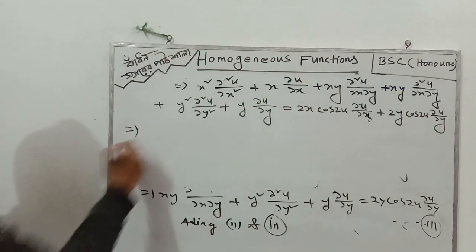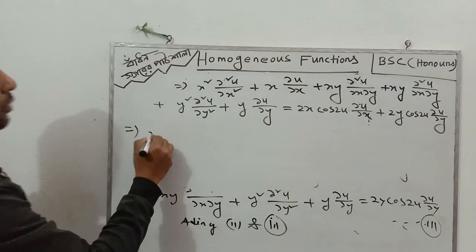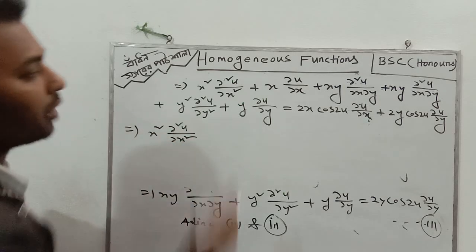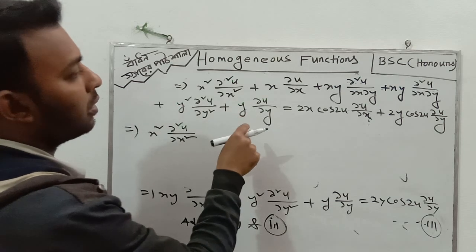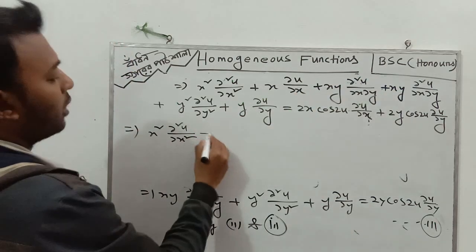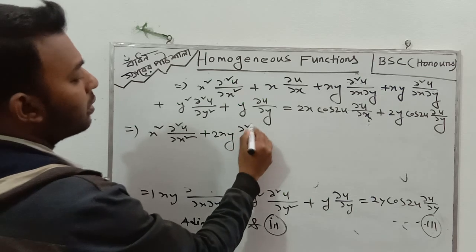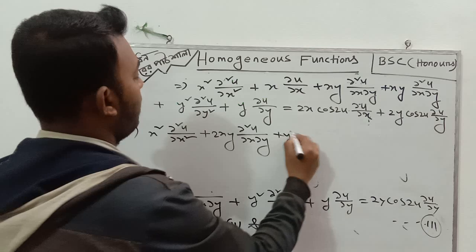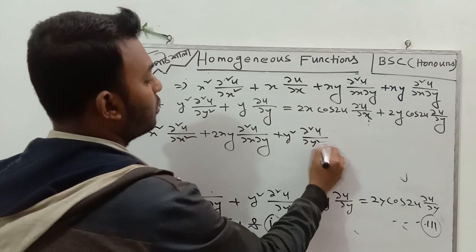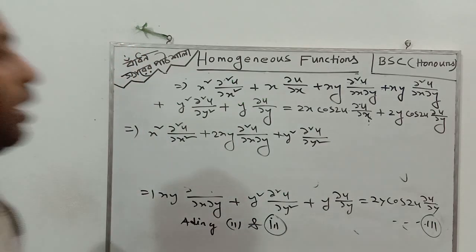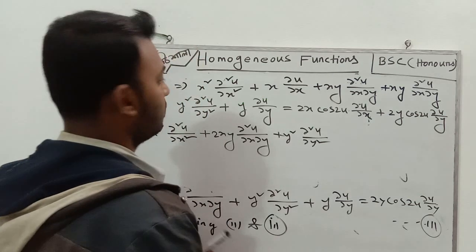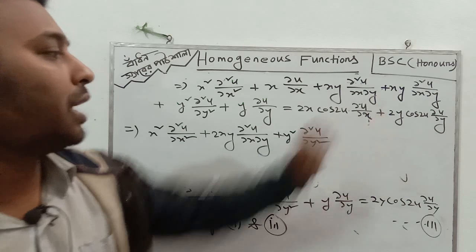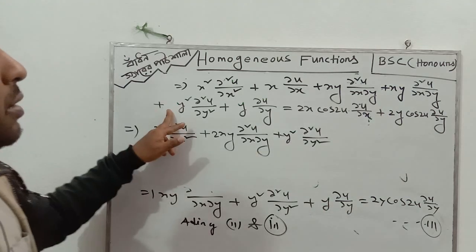Okay, so on the left side x² ∂²u/∂x² plus xy two terms, so 2xy, similarly plus y² ∂²u/∂y², and here 2x cos 2u ∂u/∂x and 2y cos 2u ∂u/∂y.